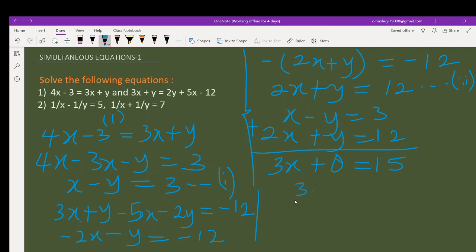So 3x is equal to 15. Dividing both sides by 3, this cancels out this, so our x is equal to 5. You see that? With this question, we can also solve it by the equating method.